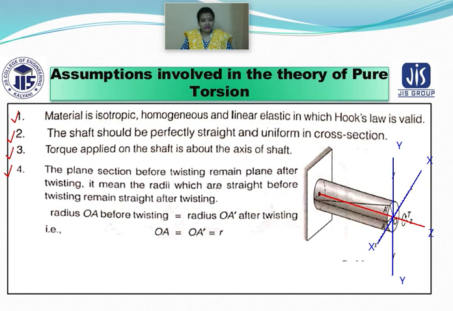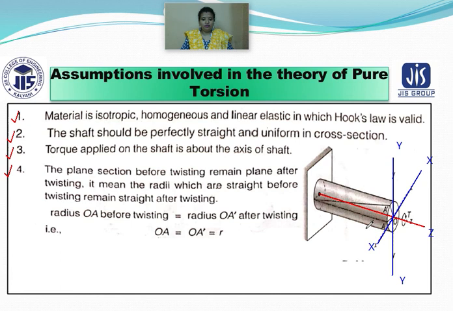It means that the radii which are straight before twisting will remain straight after twisting also. Right now you are considering the radius as OA before twisting. Initially this OA is the radius in the circular plane of the circular shaft, and before twisting the radius has to be considered as OA.